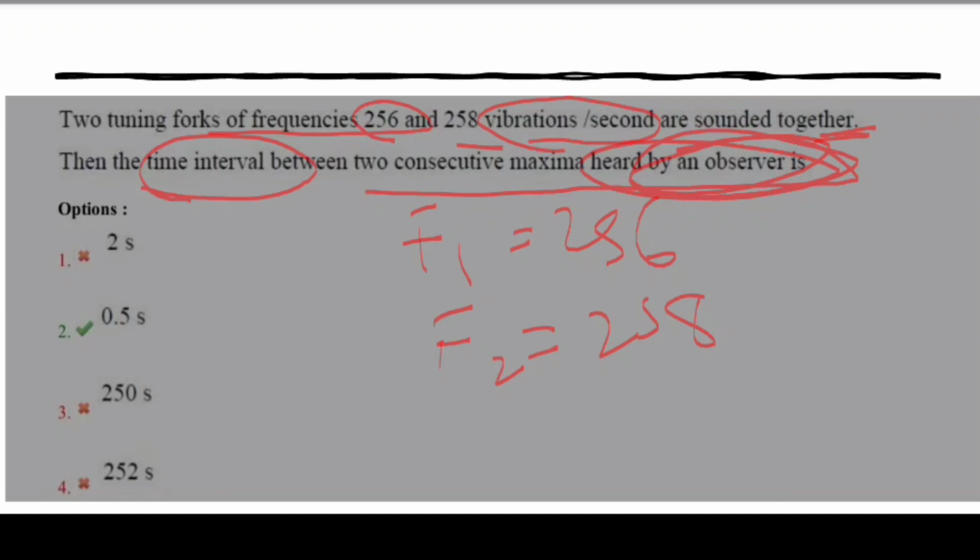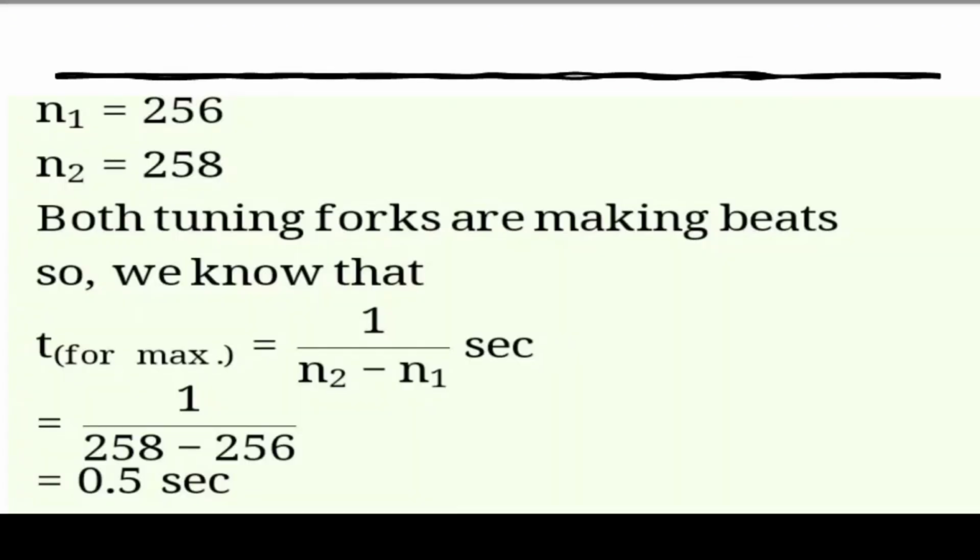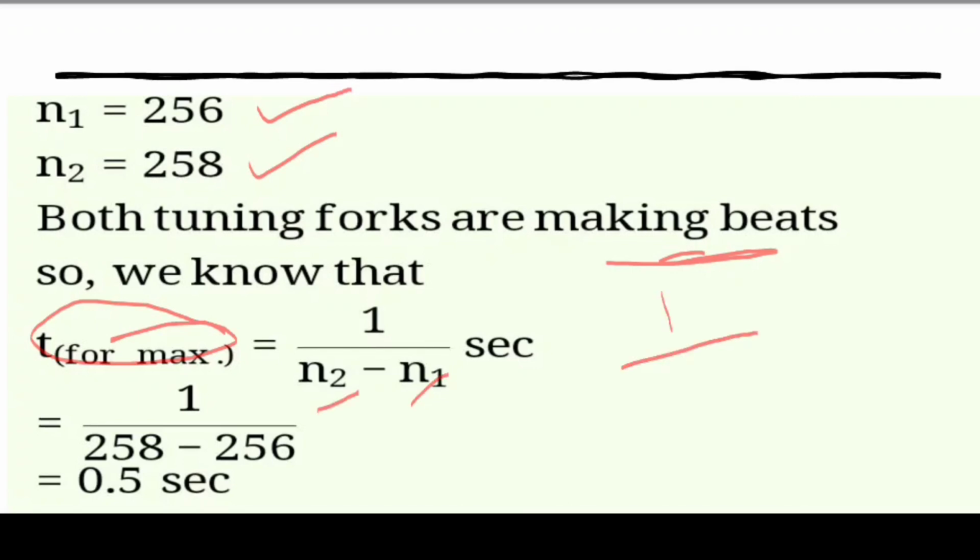The options are A 2s, B 0.5s, C 250s, D 252s. Now let's see the answer. Frequency 1 is 256, frequency 2 is 258. Both tuning forks are making beats, so the time period between maxima is T equals 1 by (n2 minus n1) seconds, that is, 1 by the frequency of the second tuning fork minus the frequency of the first.